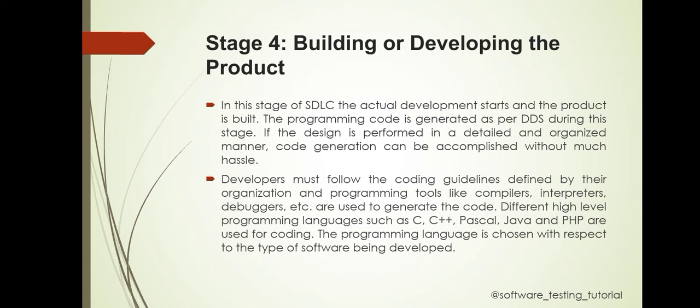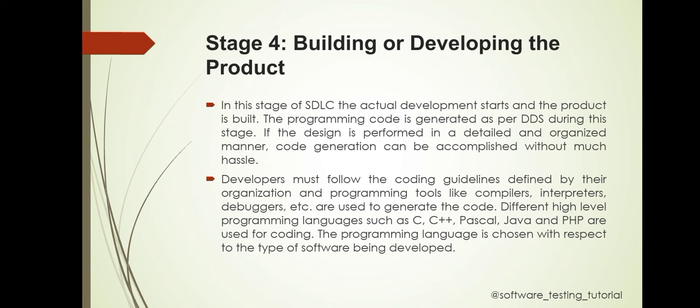Stage 4. Building or developing the product. In this stage of the SDLC, the actual development starts and the product is built. The programming code is generated as per the DDS during this stage. If the design is performed in a detailed and organized manner, code generation can be accomplished without much hassle.